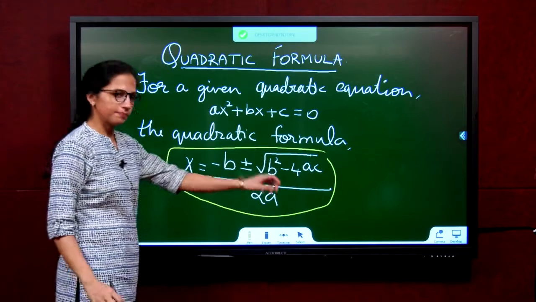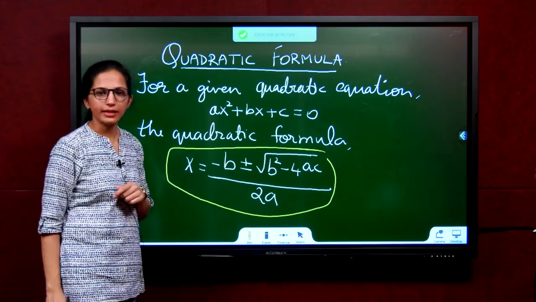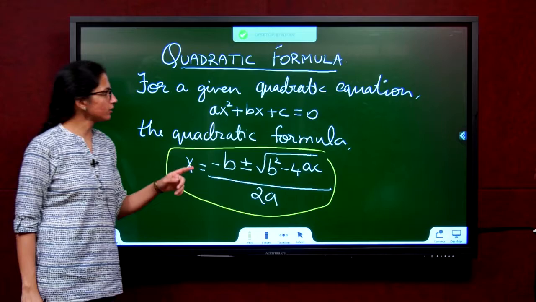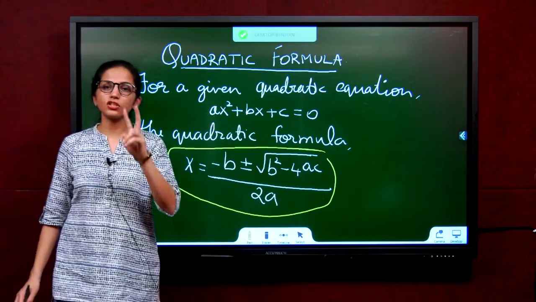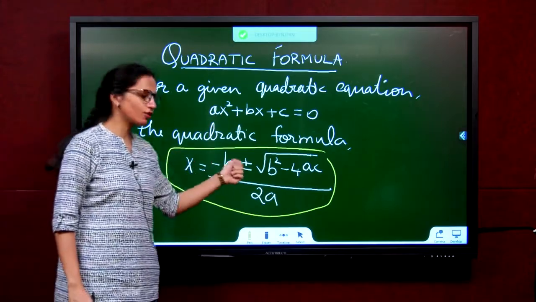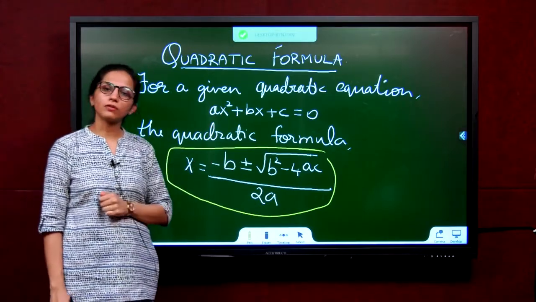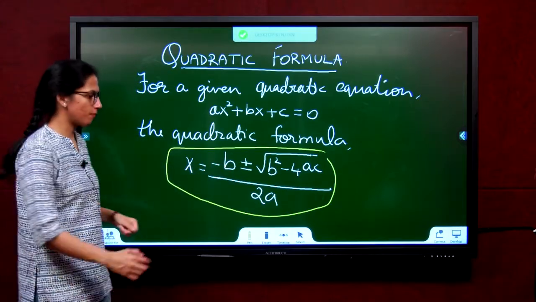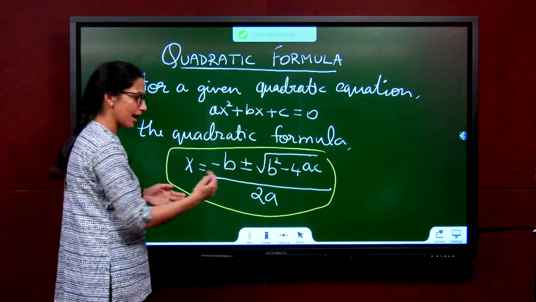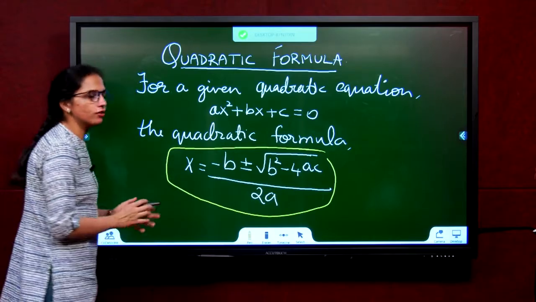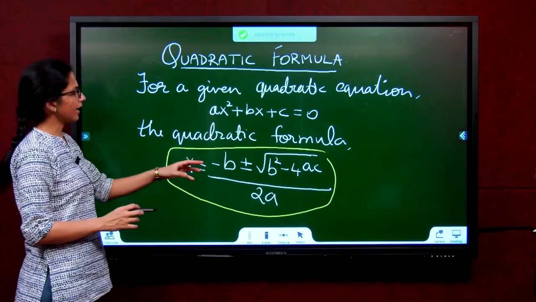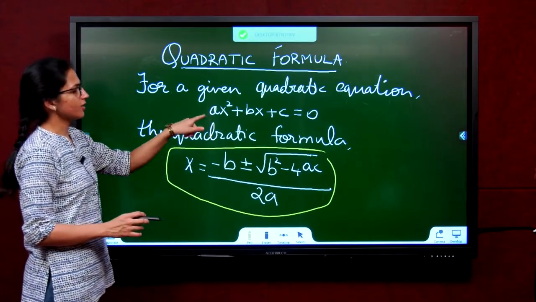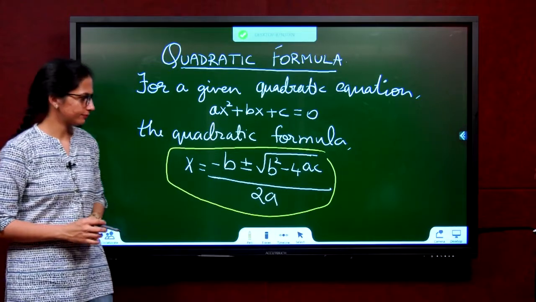Case 1, take plus. Case 2, take minus. Why? Because we know that a quadratic equation has two solutions. One solution you will get with plus, one solution you will get with minus. You will understand when I apply it to a problem why I take plus separately and minus separately. This is the general formula to apply to an equation given in the form of a quadratic.